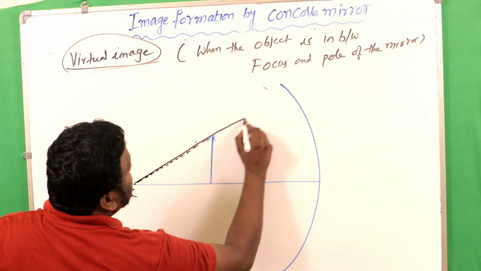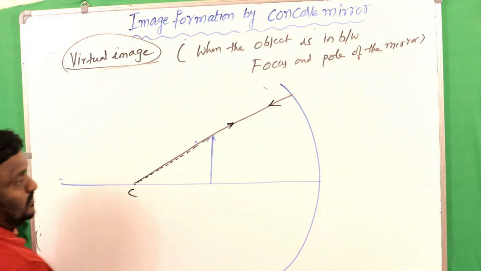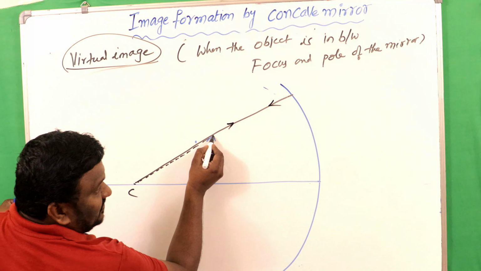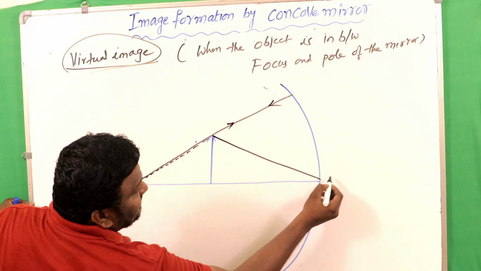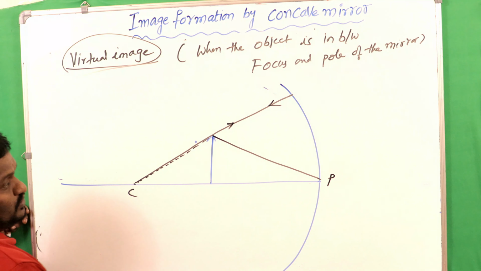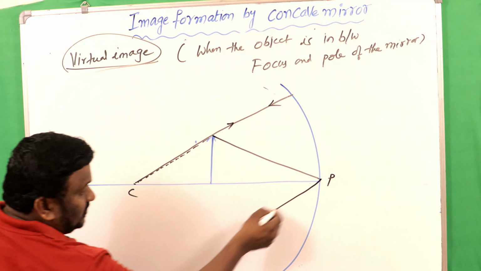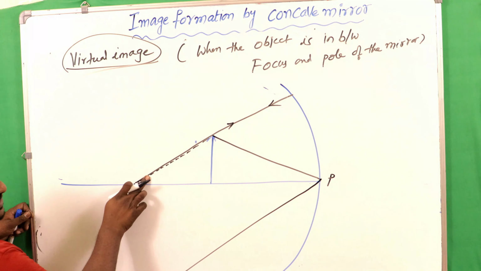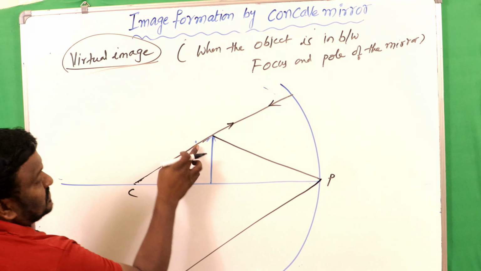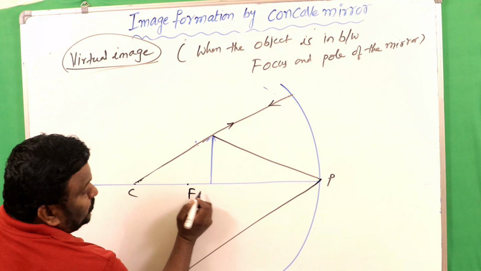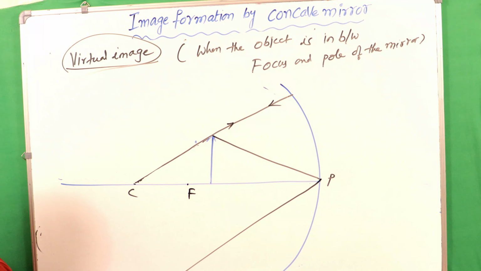This is the incident ray and again it is reflected, and this is another ray that touches the pole with a certain angle, and with the same angle it is reflected. So got it, children? This is the center of curvature, this is the focus and this is the pole.